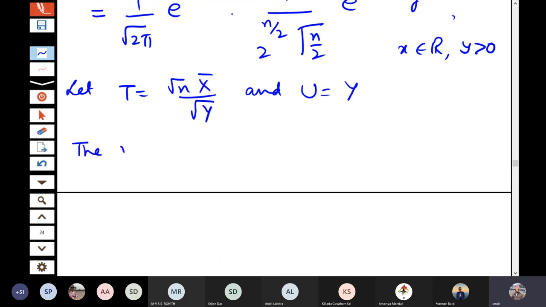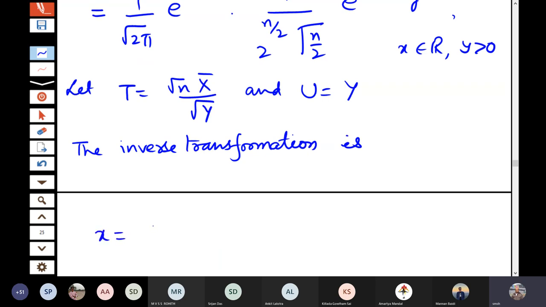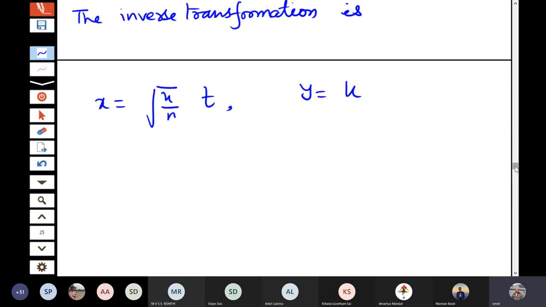So what is the inverse transformation? So x is equal to root (u by n) into t, and y is equal to u. So we consider the Jacobian here.